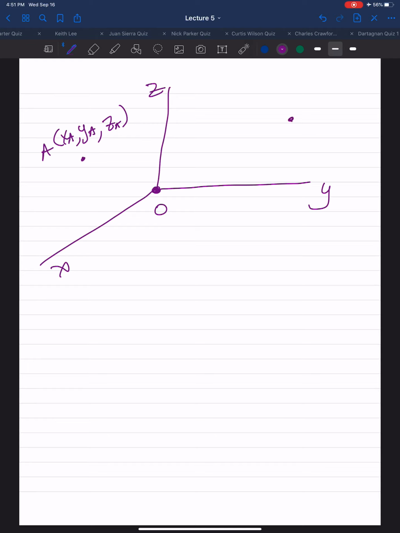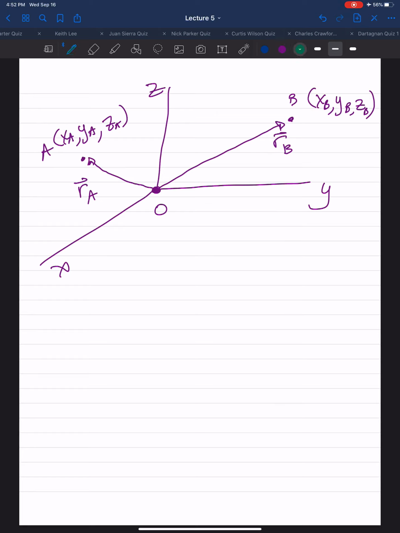We have some point B, given by the coordinates xB, yB, zB. If we extend position vectors from the origin, R sub B, position vector R sub A, we can then find a position vector relative from A to B. So not just from the origin, but from A to B itself.